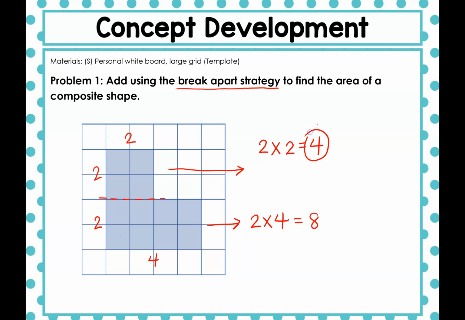So we have 4 and we have 8, and 4 plus 8 equals 12. So the area of this shape, we can't call it a rectangle because it's not a perfect rectangle, is 12 square units. We broke it apart into nicer shapes that were easier to find the area of, then we added them together. Okay, very good job. We're going to move on to the next part.